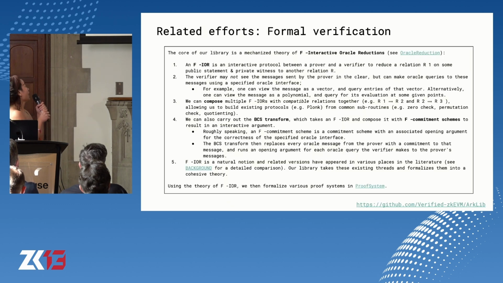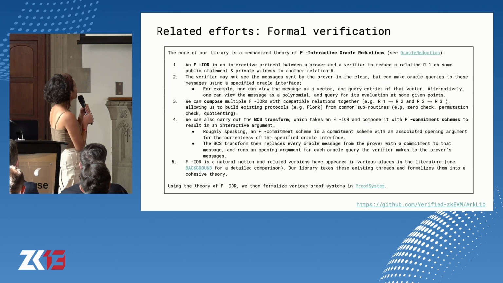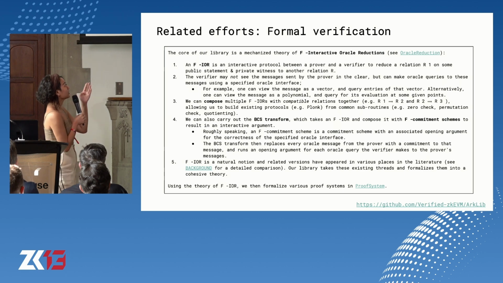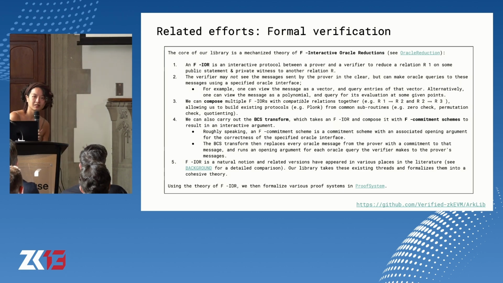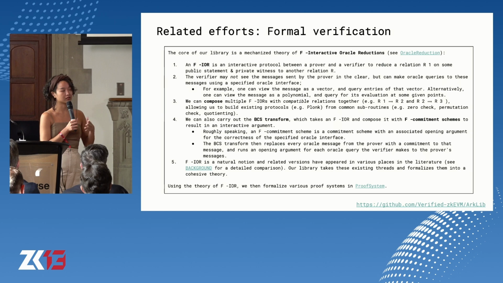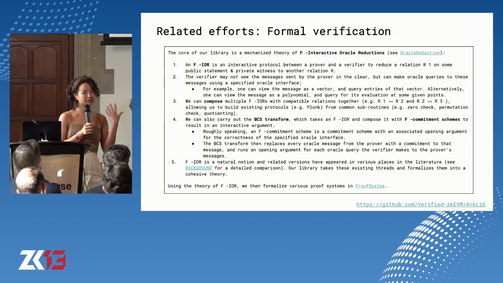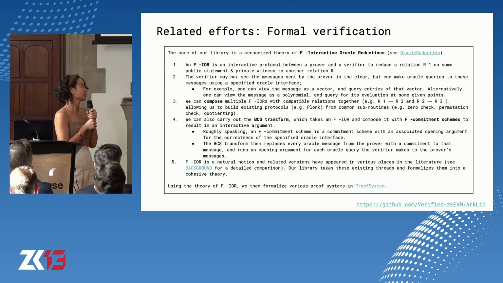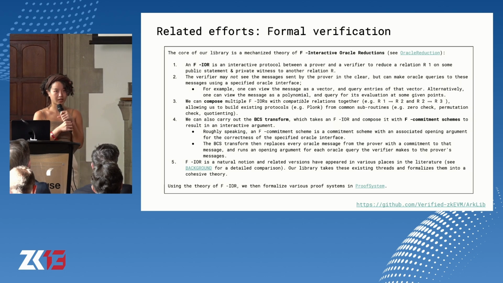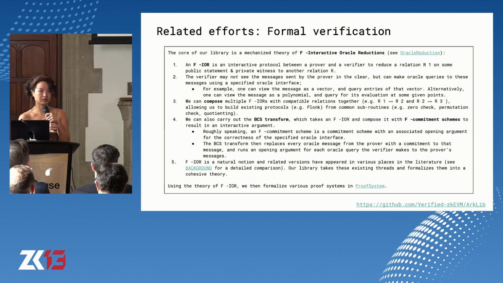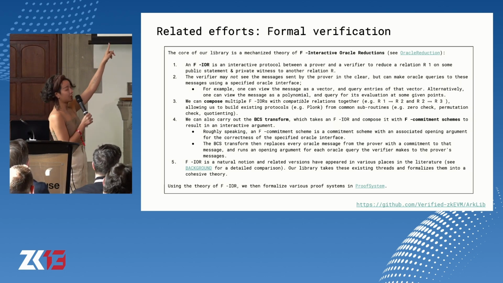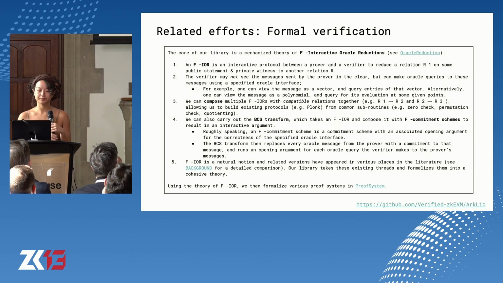I think here it's very related to formal verification efforts. If you express your relation as a series of reductions, this is very natural for something like Lean to understand. And I think this is very close to what we actually want for an IOP standard. This is actually called interactive oracle reductions.